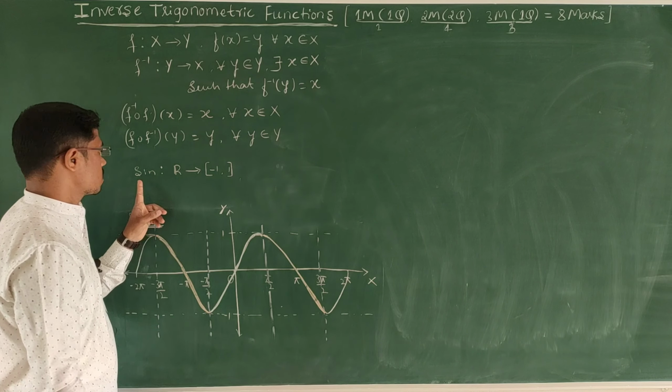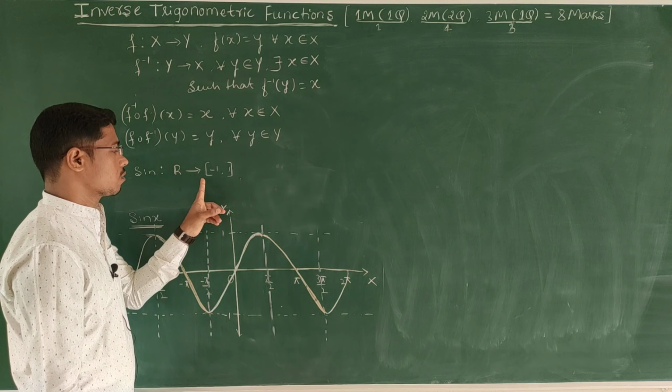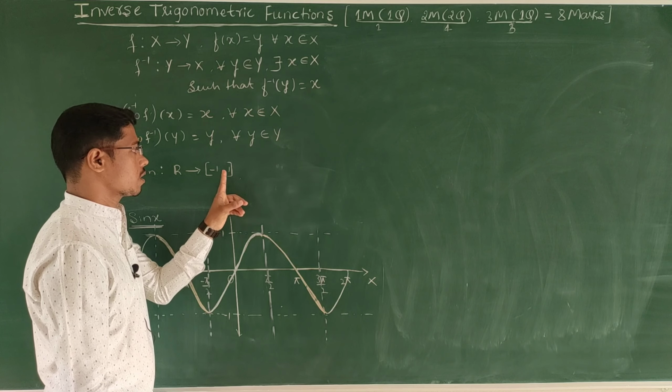Therefore, this is the sine function from the interval minus pi by 2 to pi by 2 to minus 1 comma 1.